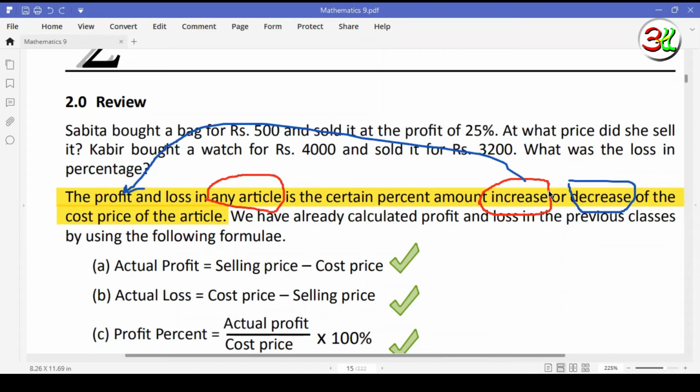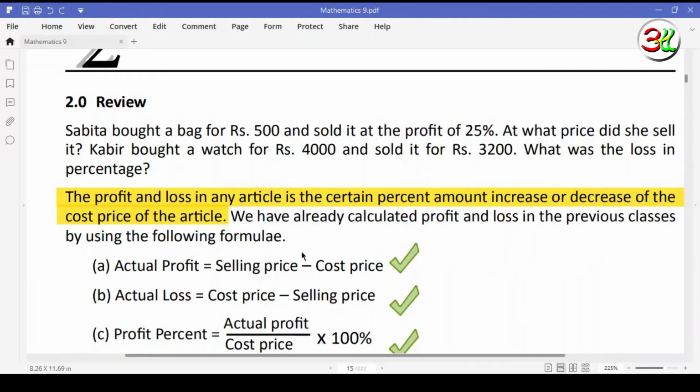When the amount is decreased, loss. So if the amount is increased, then profit. If the amount is decreased, then loss.